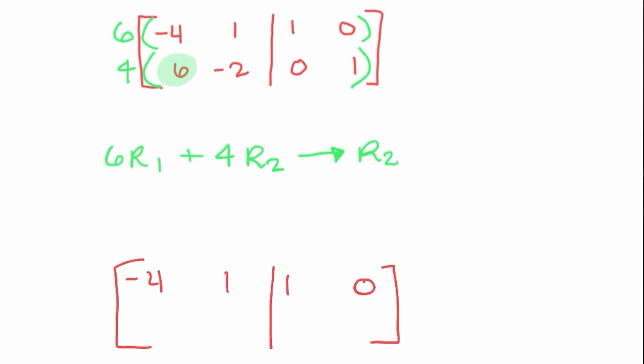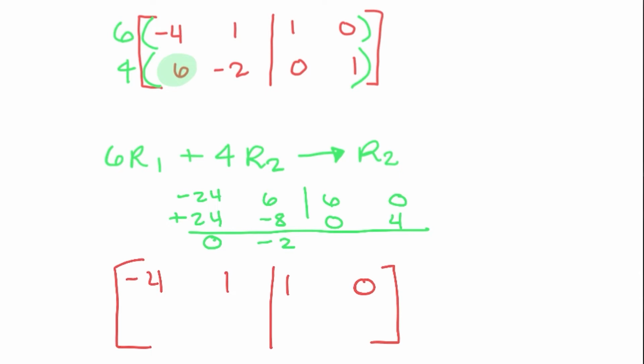If I multiply the first row by 6, I will get -24, 6, 6, 0. If I multiply the second row by 4, I'll get 24, -8, 0, and 4. And if we add these together, we get 0, -2, 6, and 4. And that right there is my new second row.